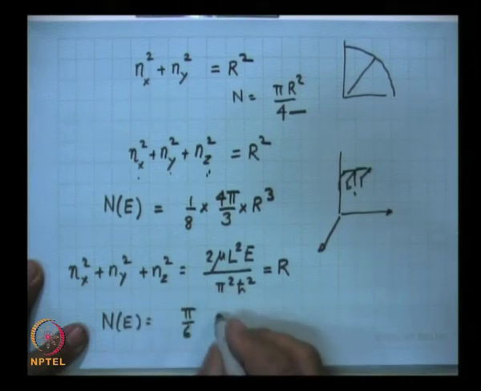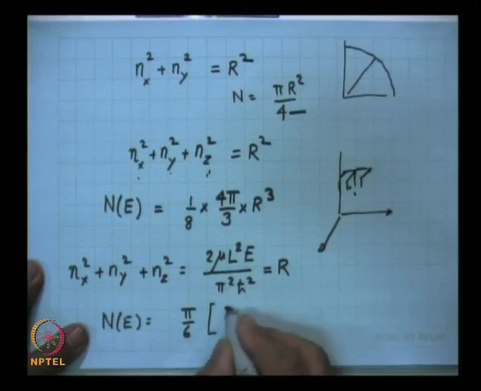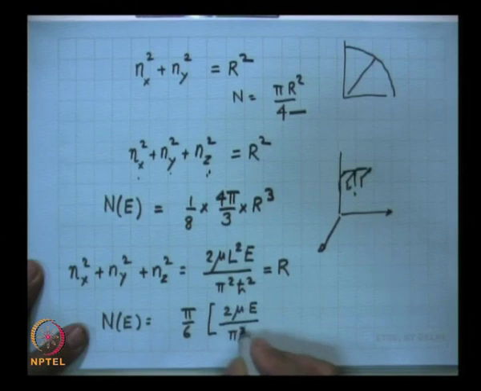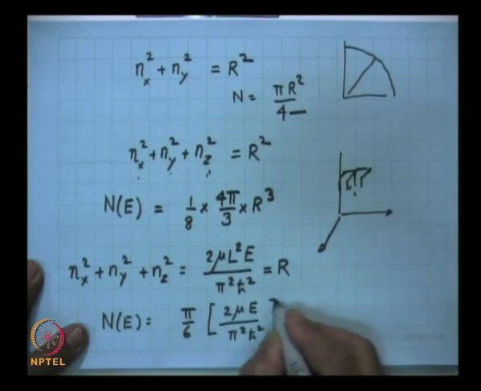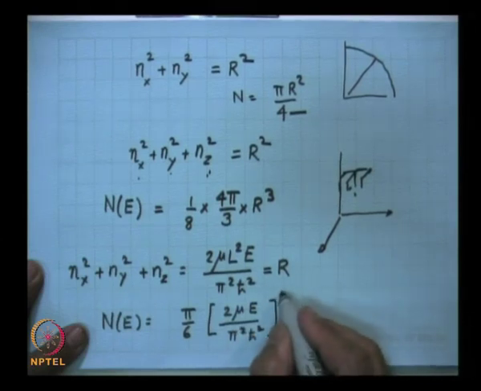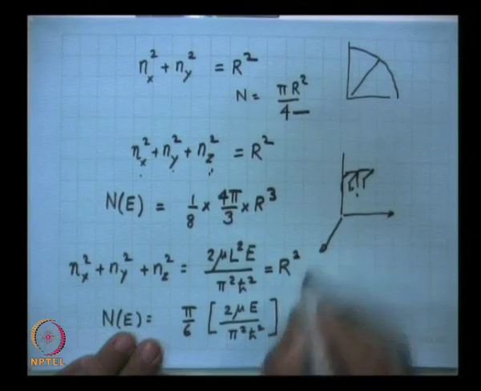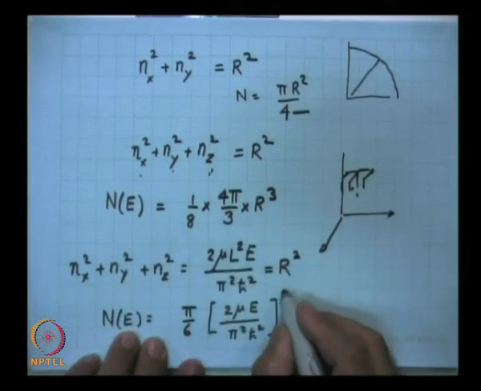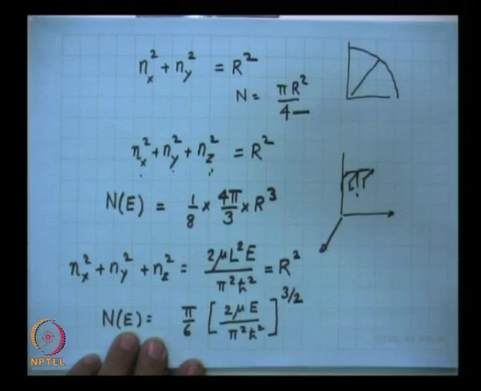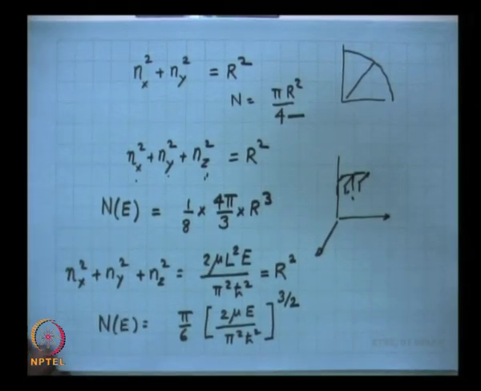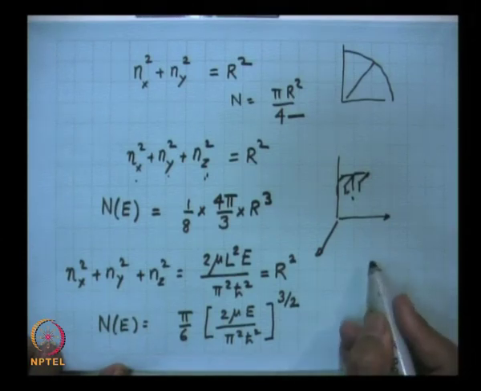into r cubed, that is 2 mu E by pi square h cross square raised to the power of 3 by 2, since this is r square. And in each state, if I am considering electrons, you can have spin up and spin down.